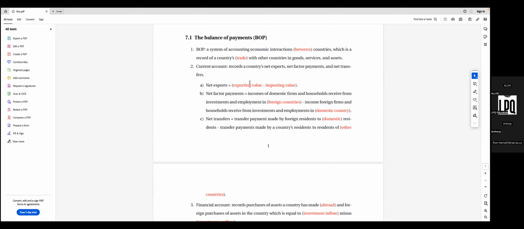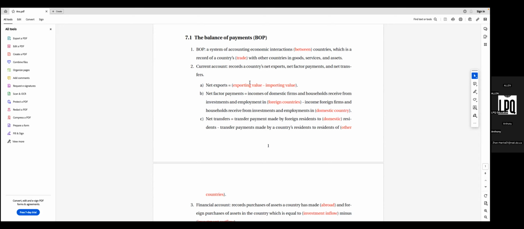Foreigners demand more goods and services made in your country, so they need to use their currency to buy the things made by your country. So if you have a trade surplus, money is flowing to your country. You are making money from foreigners.